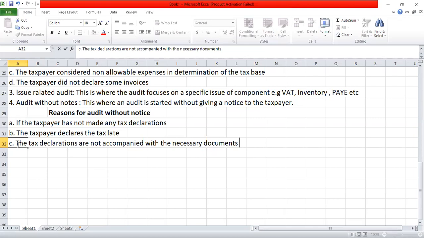Another reason is that a taxpayer makes a declaration, but the declaration is not accompanied with the necessary documents.